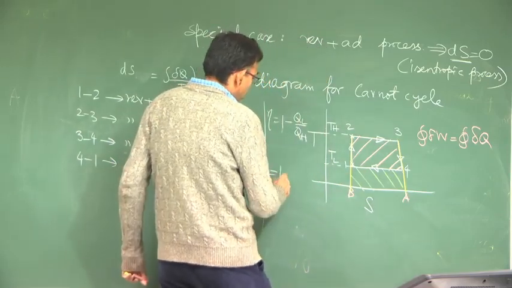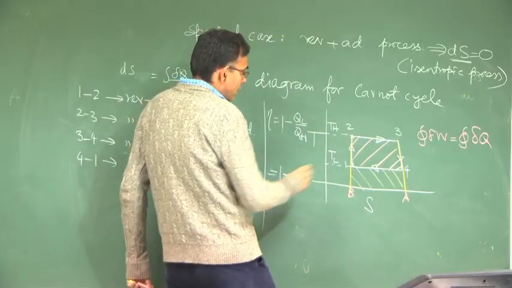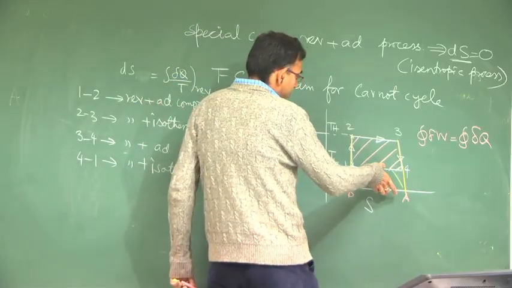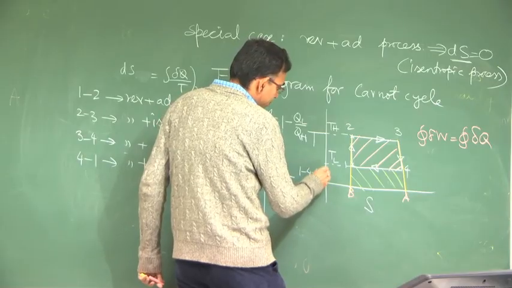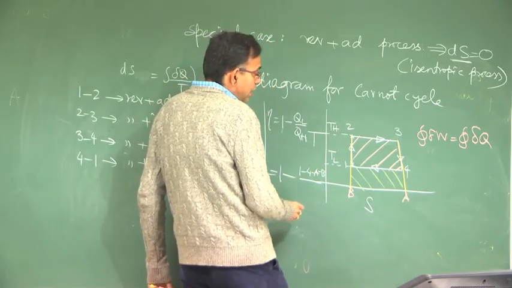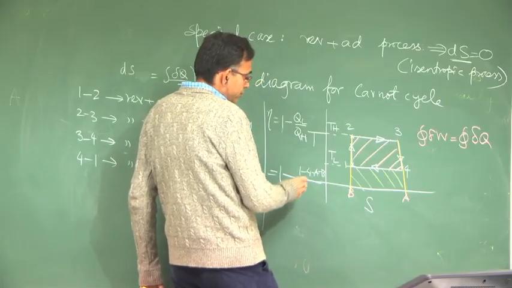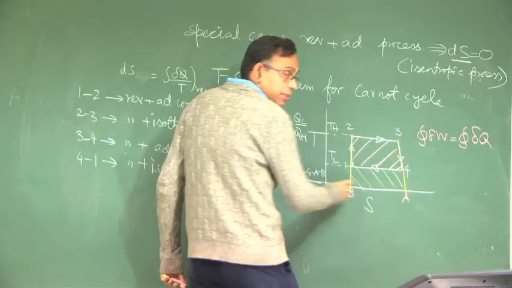So 1 minus area 1,4 AB divided by area 2,3 AB.